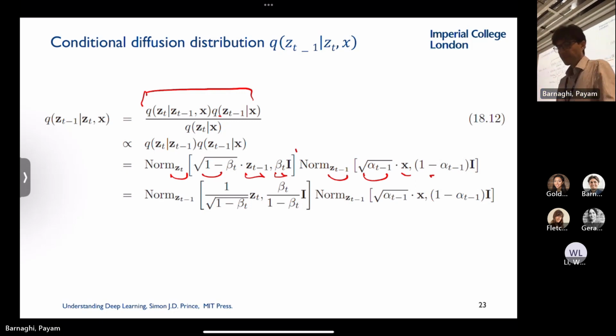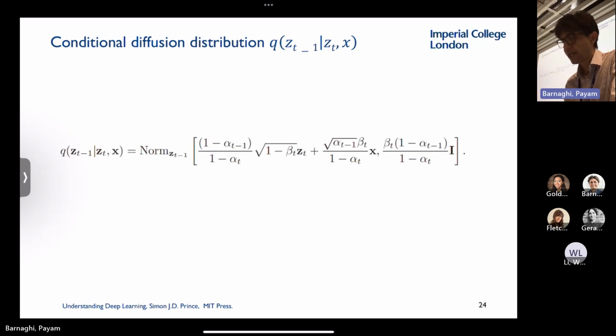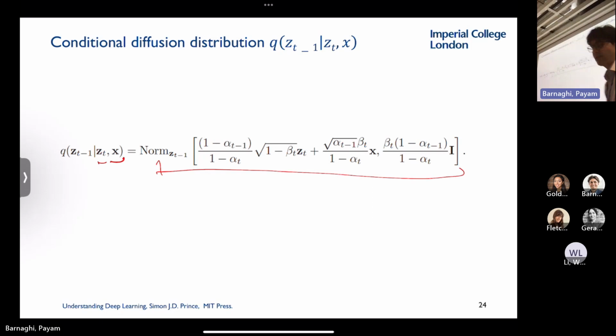A little more algebra, just a little more algebra. Now divide all of them by 1 minus beta and carry on with a little more algebraic representation. Conditioning on X and ZT, ZT-1 will be something like this. It would be a normal distribution of these parameters.